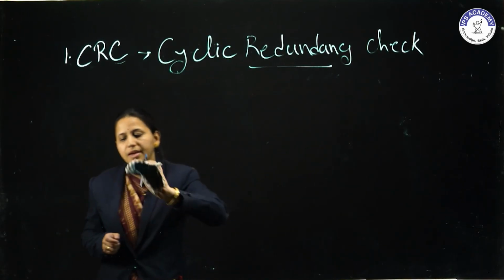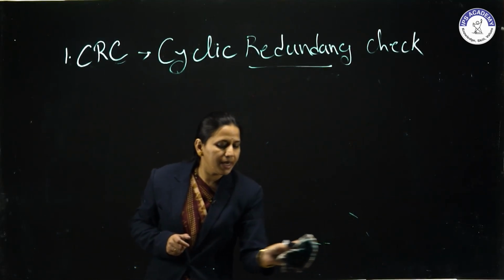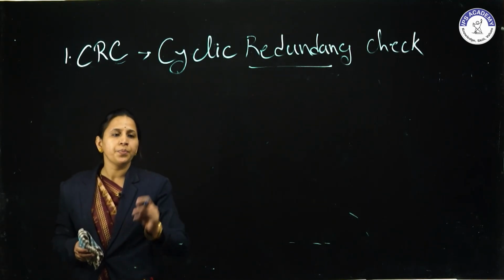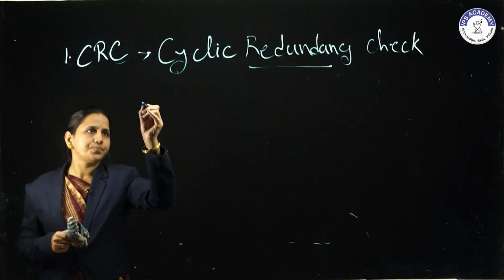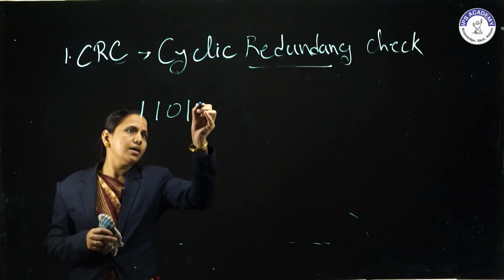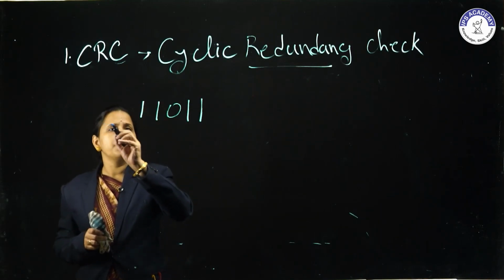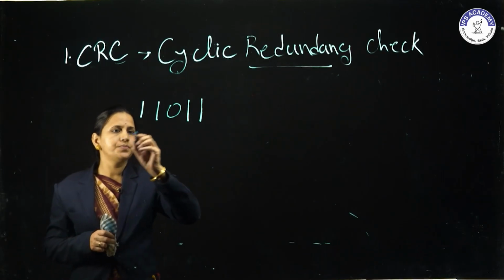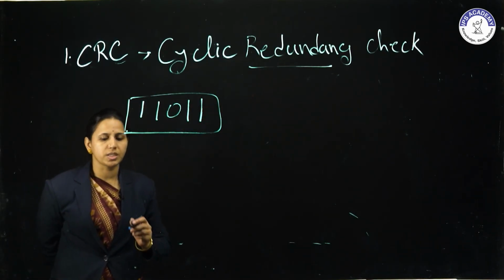As we know, VRC and LRC use the concept of the parity bit, but CRC uses the concept of binary division. For example, CRC wants to send 1 1 0 1 1 from one place to another place. So for using the concept of CRC, we need to use some polynomial concept.